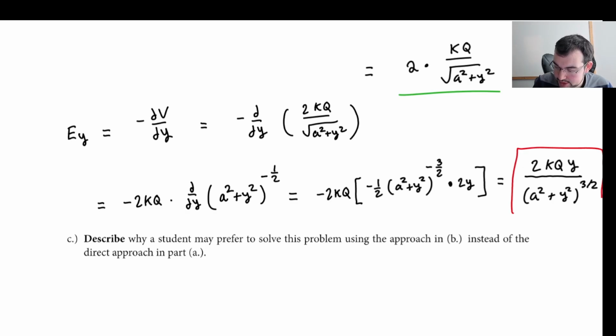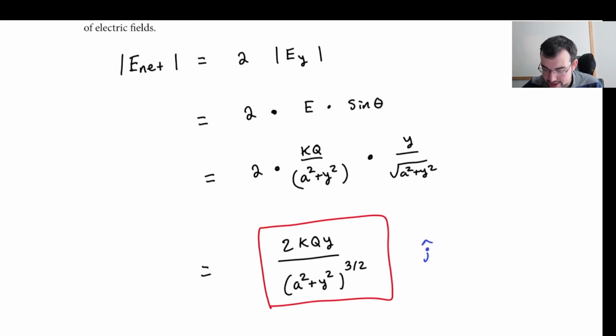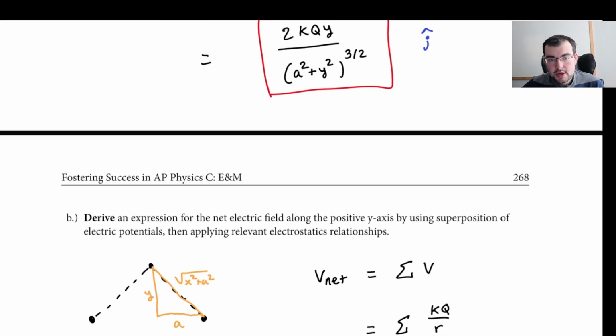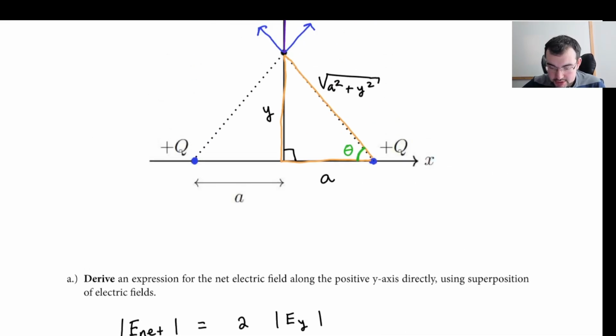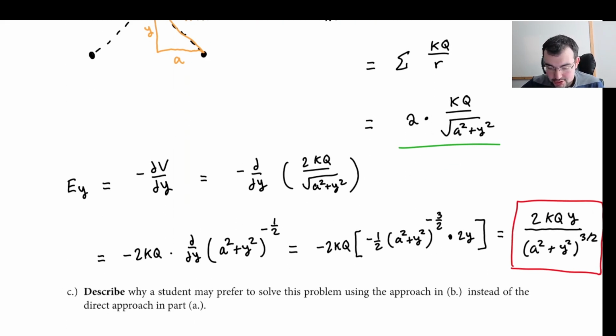Exactly the result we expect. So again, let's scroll up in case we forgot. 2kqy over a squared plus y squared to the 3/2. Yes, indeed. So if you get tripped up by this trig stuff and you remember potential, potential is a quick way to get to field without having to do any trigonometry.